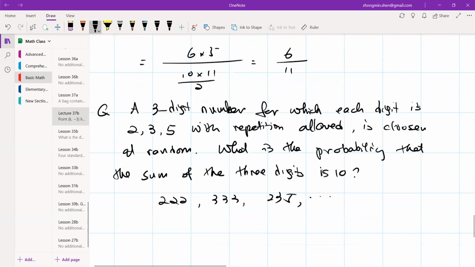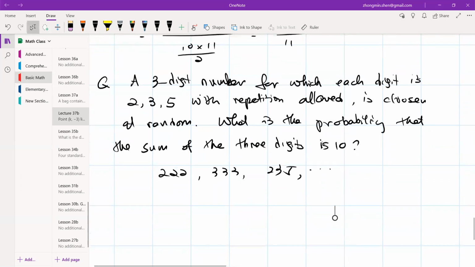Those are the 3-digit numbers you are considering. They only consist of one of the 3 digits. Among them, how many will have the sum of digits equal to 10? So how do you figure it out?